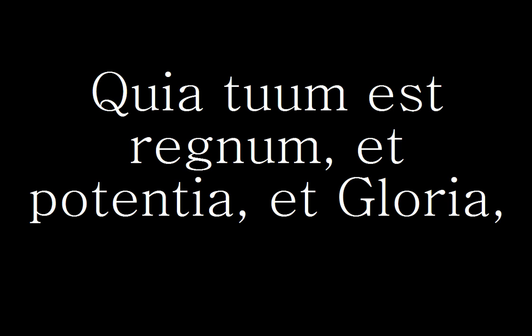The two vowels slide into each other and we get quia tuumst regnum. But because of the comma after regnum, the et doesn't glide into regnum. So quia tuumst regnum et potentia et gloria. In saecula, here we have in centuries, in saecula.